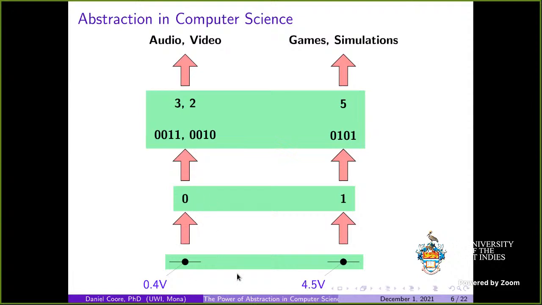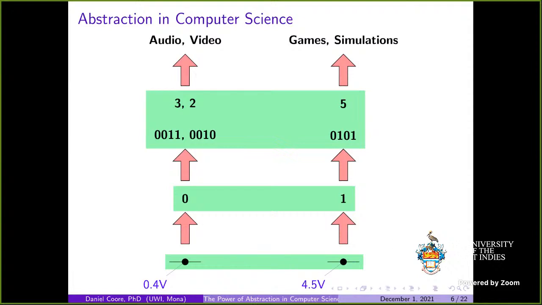If it's above some higher threshold, we'll call that a 1. If it happens to be somewhere in between, we hope that never happens. And we try to design our systems to make sure that we never look at the circuit when a voltage is in between those regions. In fact, it's called the forbidden zone.